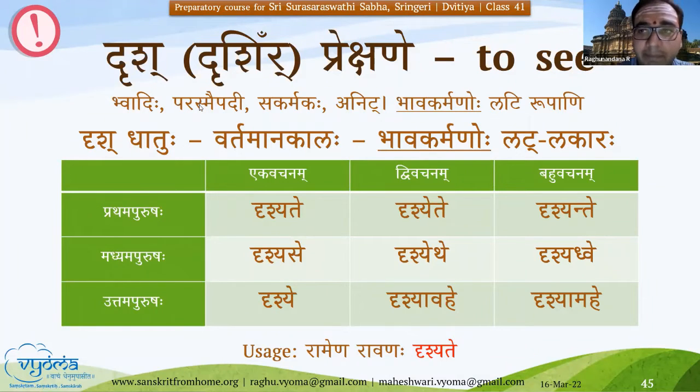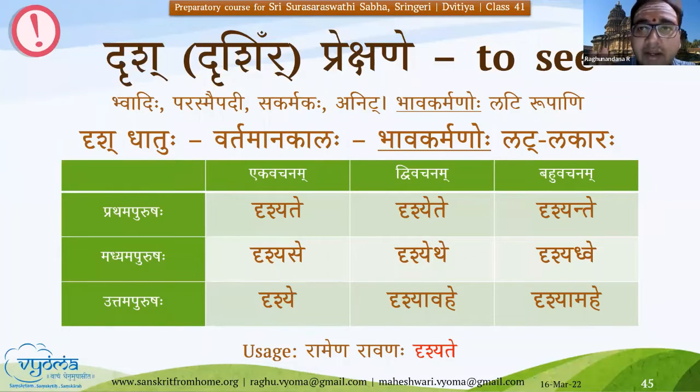Whether it is parasmaipadi or atmanepadi or whatever it is, any dhatu, when it is used in the passive voice, two things happen. One is, to the dhatu there is a yakara that gets added. That is the first step. The next thing that happens is the dhatu will become like an atmanepadi.